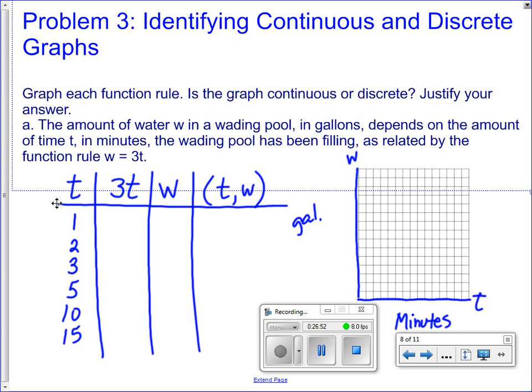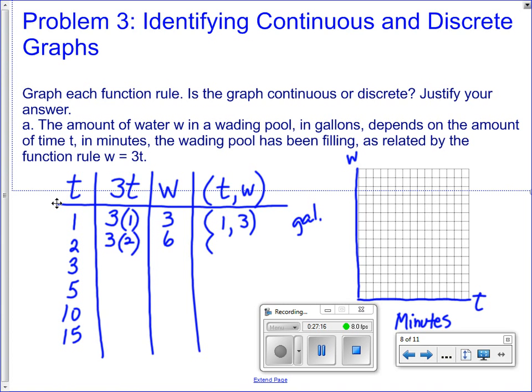All right, that's enough. And you may not have this many lines to fill in, so you can do as you wish. Okay, 3 times 1 is 3. We have the ordered pair 1, 3. And we'll wait and graph these in a minute when we can make our scale. All right, 3 times 2 is 6.